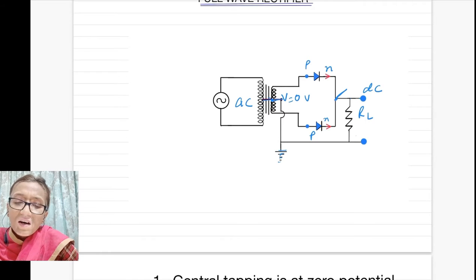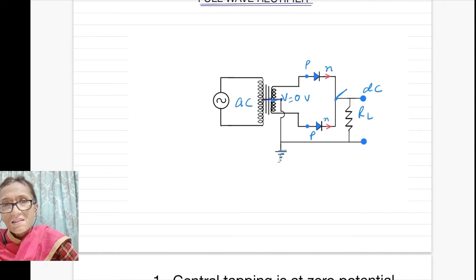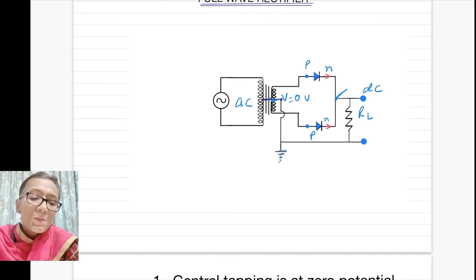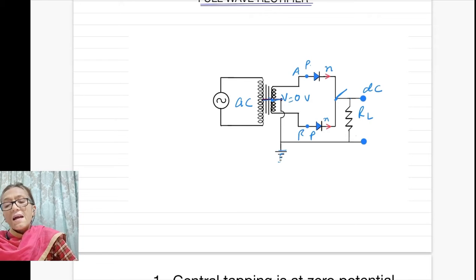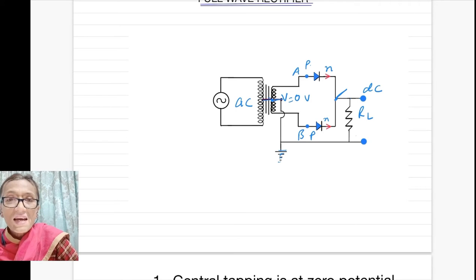So it will change like AC. Suppose at any time at point P you have positive potential. Let me take points A and B on the P sides. At the time when A is at positive potential, at the same time B will be at negative potential.